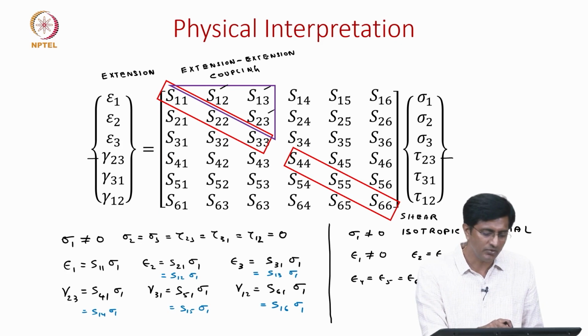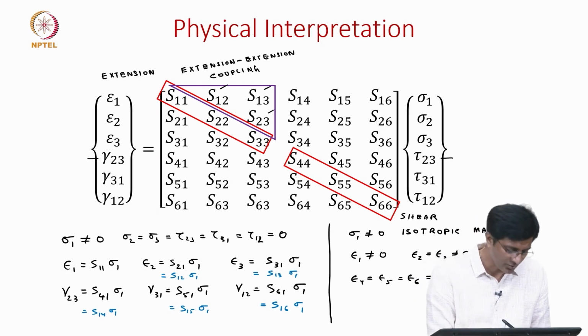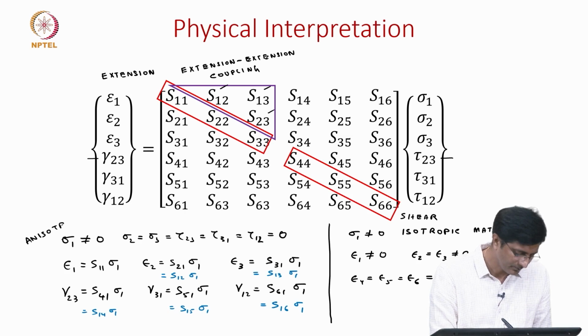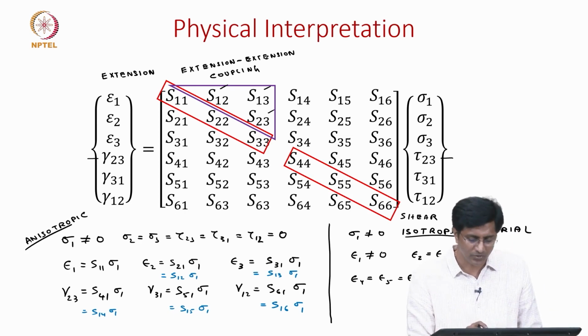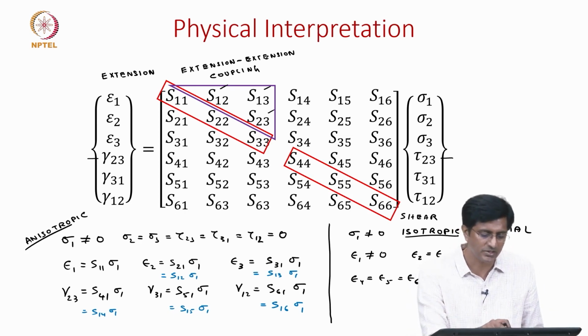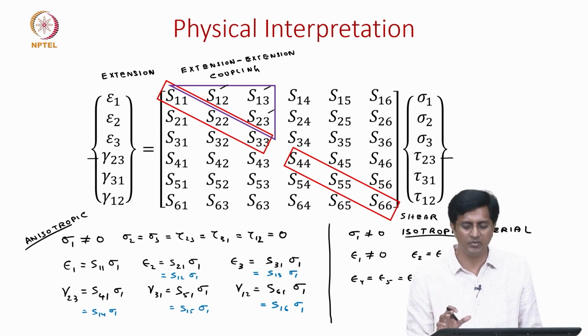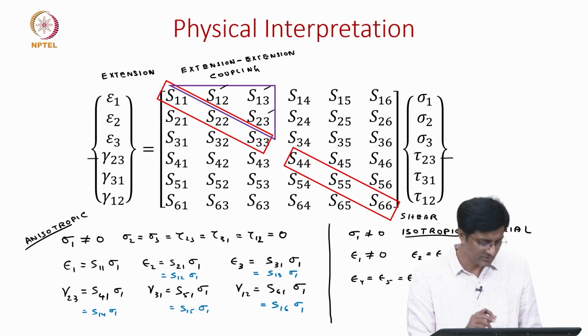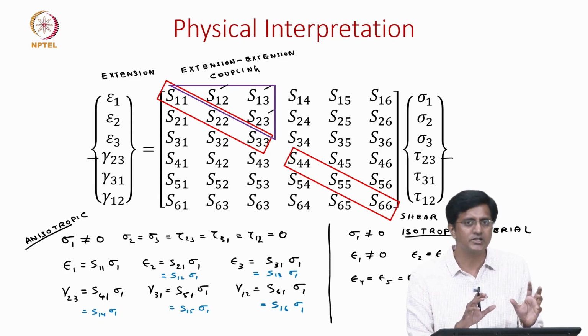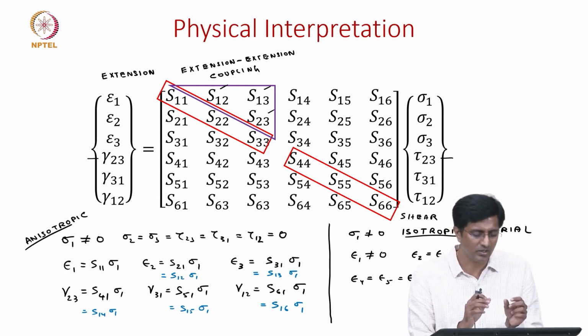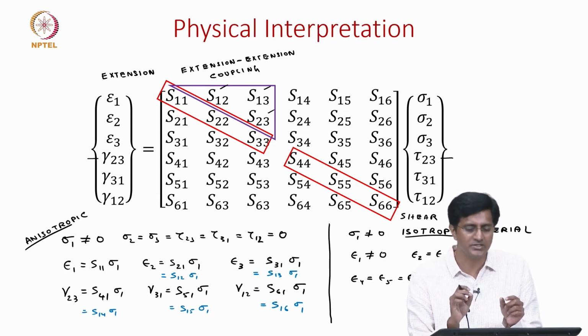This is something we notice both with anisotropic materials as well as isotropic materials. In both of these we do have this extension coupling. The only difference is this coupling is the same in both the other 2 directions for an isotropic material, but for anisotropic in each direction it is different, meaning S12 and S13 are not the same, they are different.